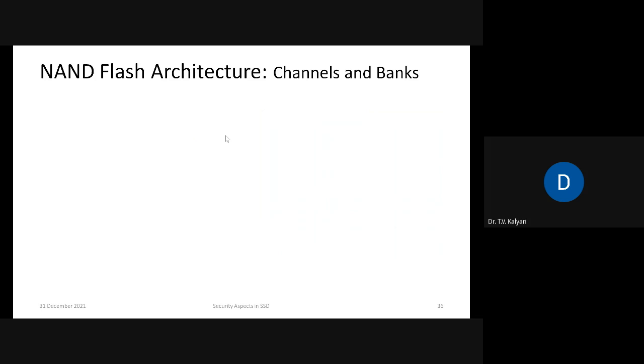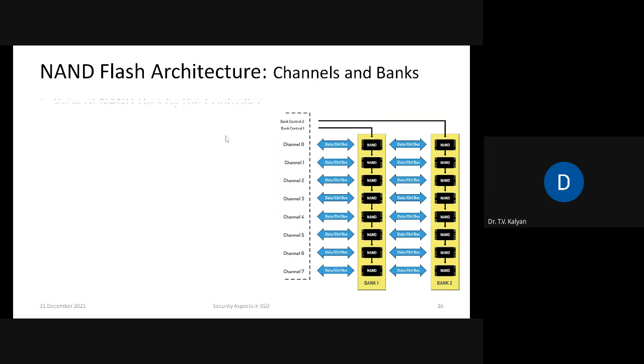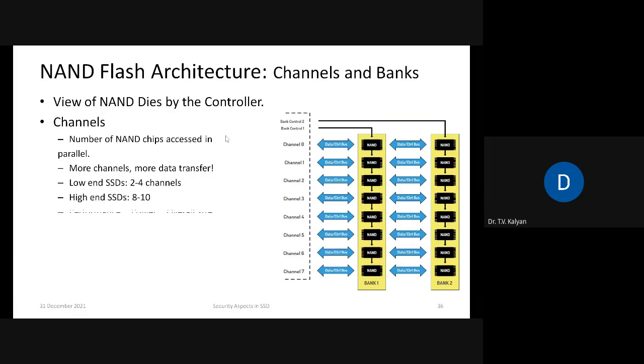Now, such NAND chips can again be organized in a 2D fashion, and they can be called channels and banks. All the chips forming a single column here can be termed a bank, and all the chips forming a single row here are called channels. In this figure we have 8 channels and 2 banks. Why do we need such an arrangement? Data transactions between channels can happen in parallel, but only from one bank.